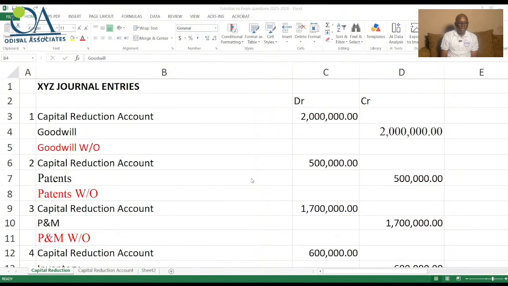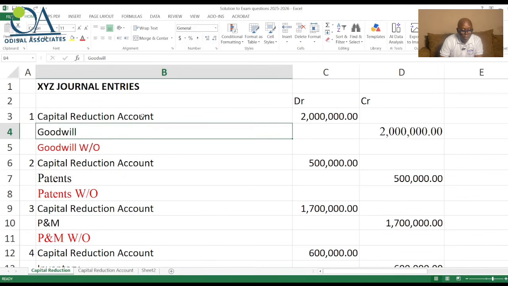In the journal, we're going to look at all the notes and the journals on the notes. First, they say goodwill has no value and should be written off completely. So what it means is that we're going to write off goodwill by crediting goodwill and debiting capital reduction account.